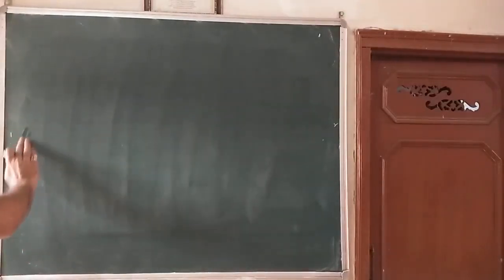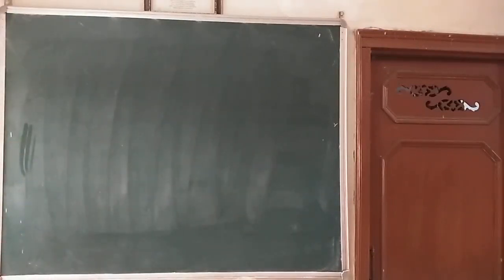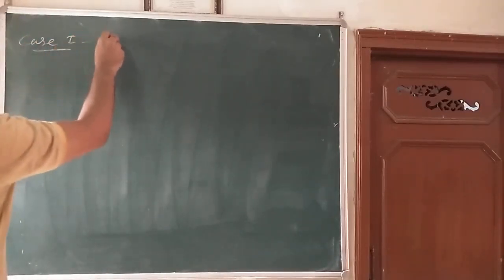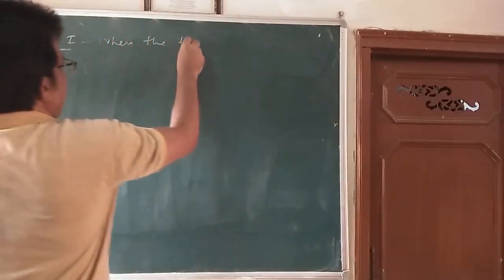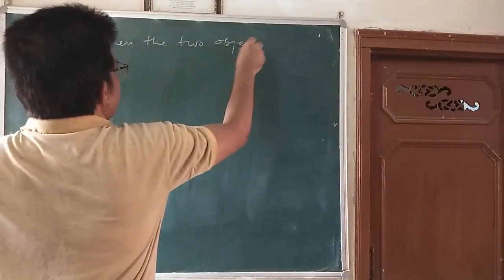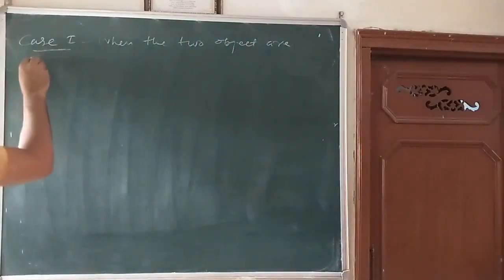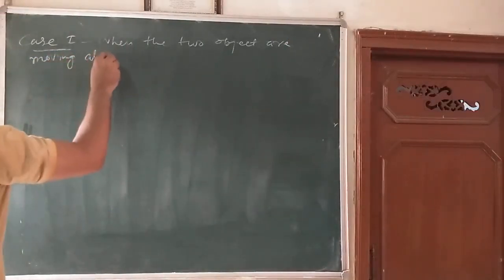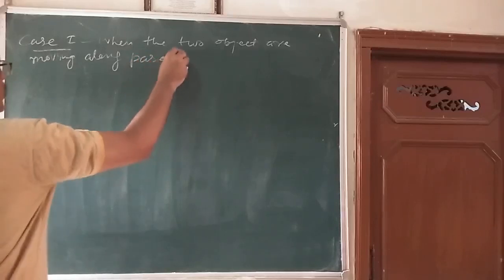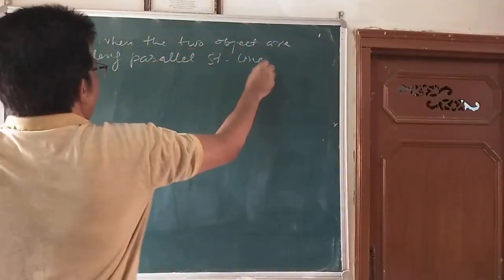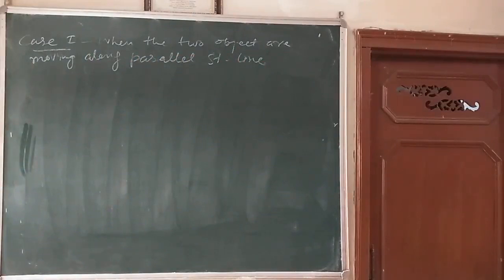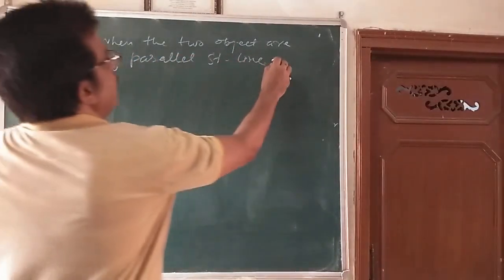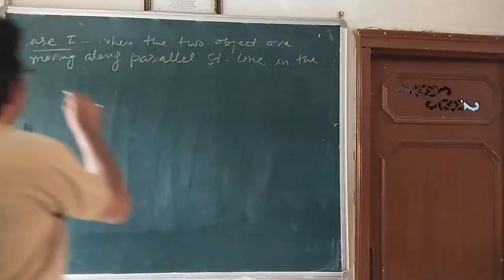Now, we just saw the relative velocity. Now we take here two cases. Case first: when the two objects are moving along parallel straight lines in the same direction.